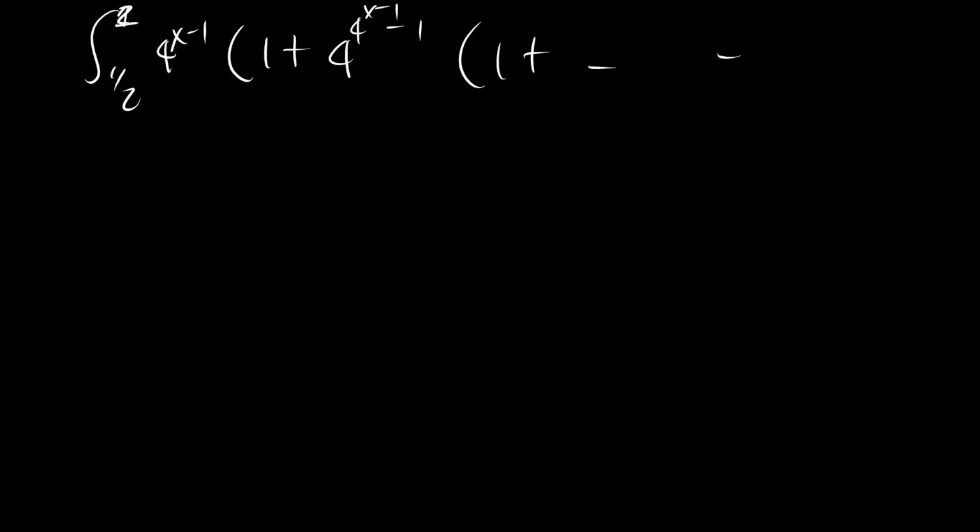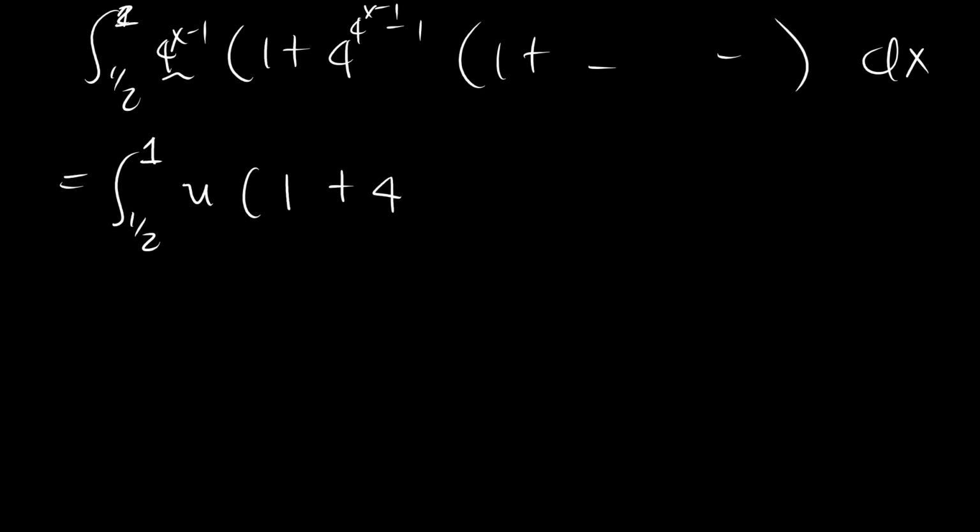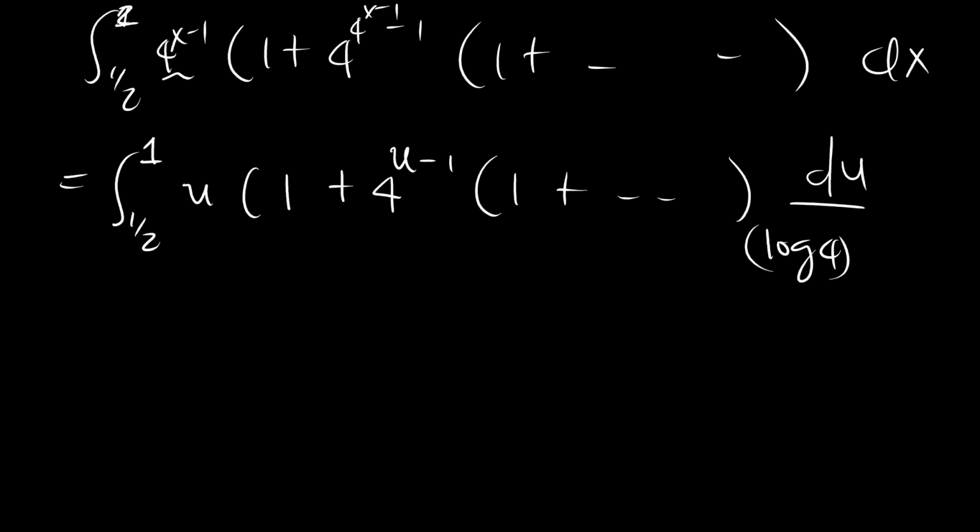And in the u domain we have the integral from a half to 1, and this here is u, and then we have 1 plus 4 to the u minus 1 plus, and so on. And here dx is du over log 4 times u.